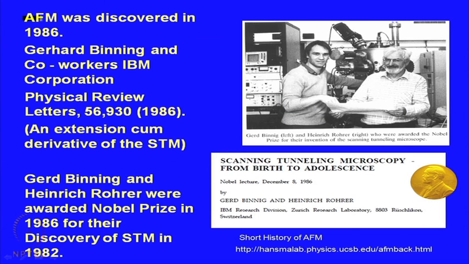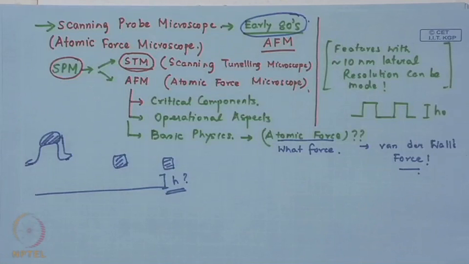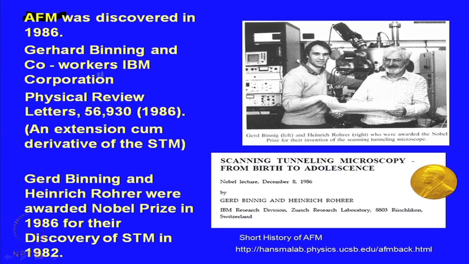So AFM was discovered, as I already pointed out, in the early 80s. AFM was discovered in 1986 by Gerd Binnig and co-workers at IBM Corporation. If you have access to PRL, Physical Review Letters, this 1986 paper contained the details about AFM. So it is essentially an extension and derivation of the STM.